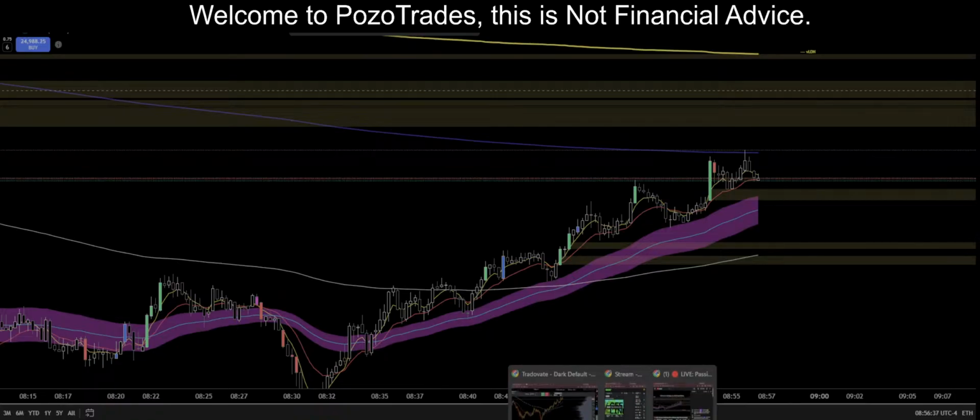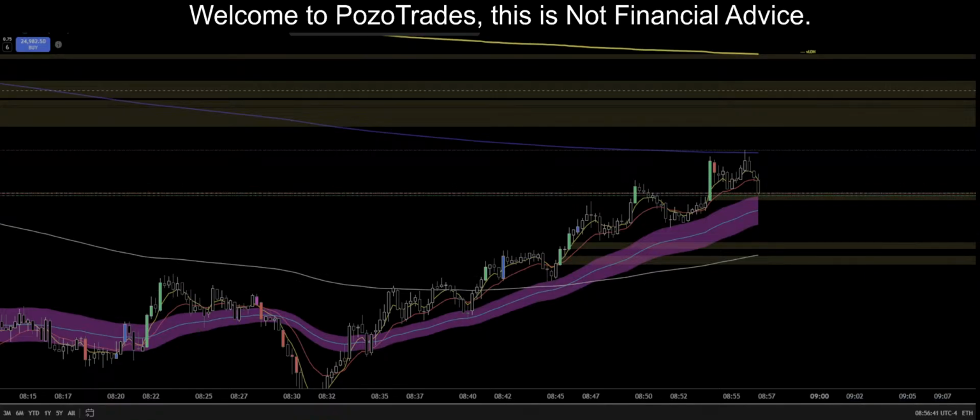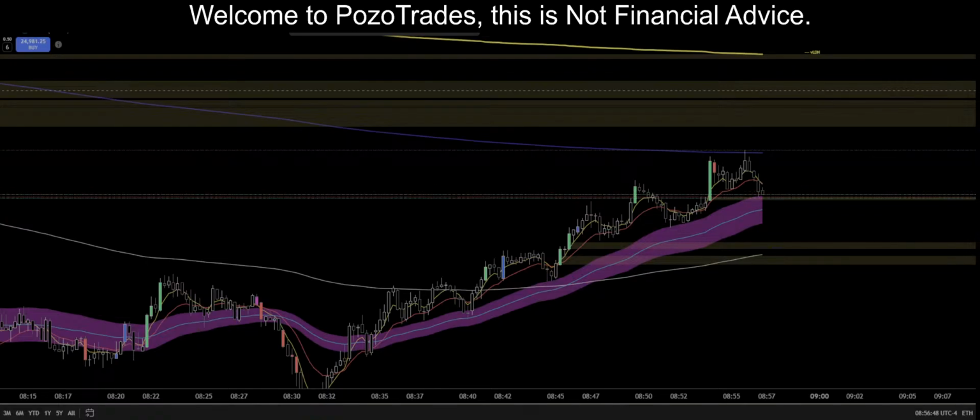Let me pull up Apex. So Apex now has the option for end of day drawdown instead of the trailing drawdown, which is a huge change.